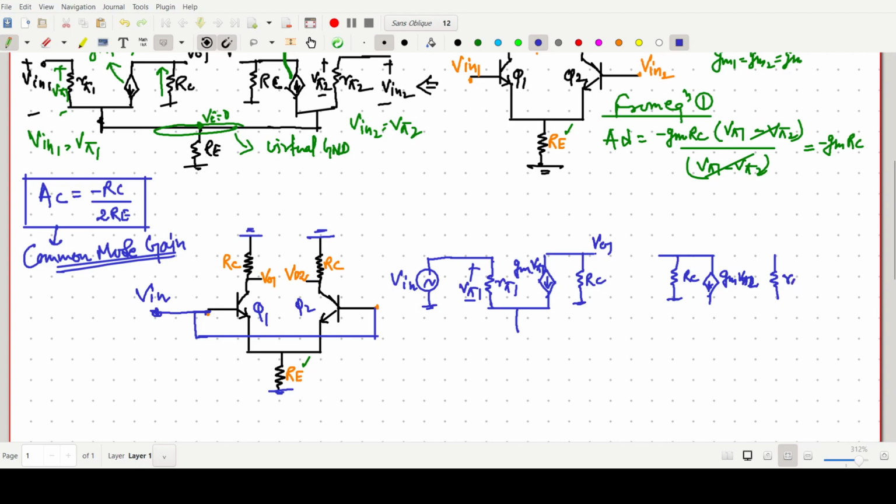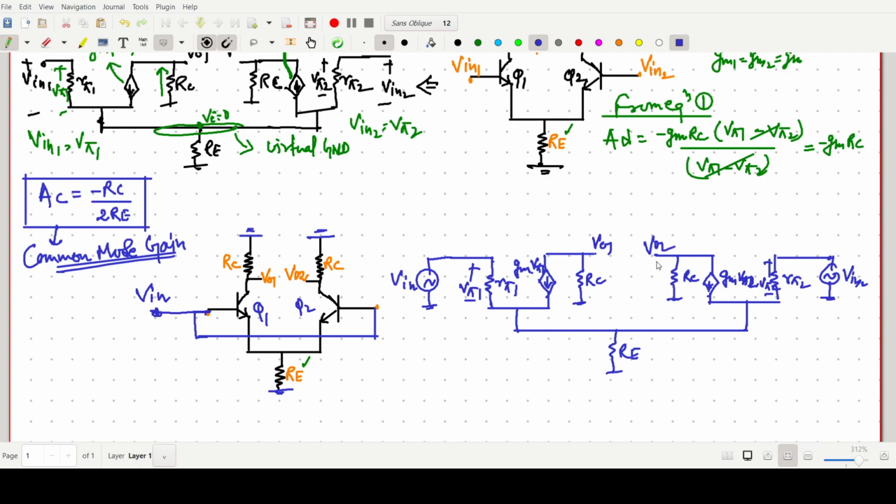Every time practice this concept. Then connect together these 2 points and one RE, and this will be same input V in 2, and this value will be V pi 2. So this one is the model. V naught 2, like that.